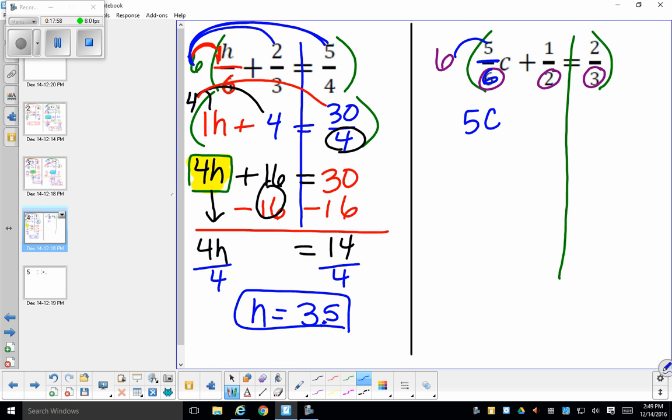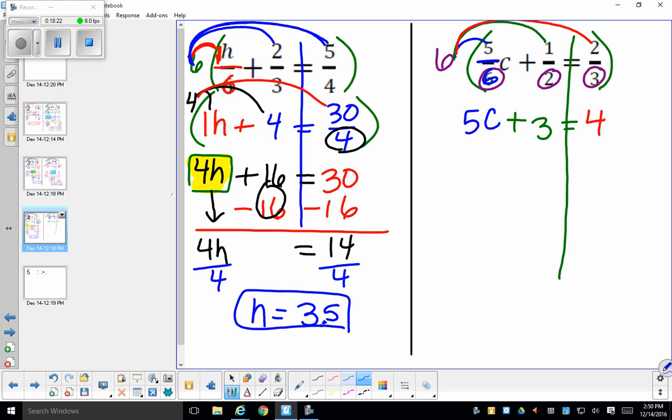Reattach the variable c. Sign in the middle is plus. Send it in again. 6 times 1 is 6. Divide by 2 is 3. Send it in again. 6 times 2 is 12. Divide by 3 is 4. So this one worked out really nice in that first step. Notice we killed all the denominators right from that first step, which is awesome.